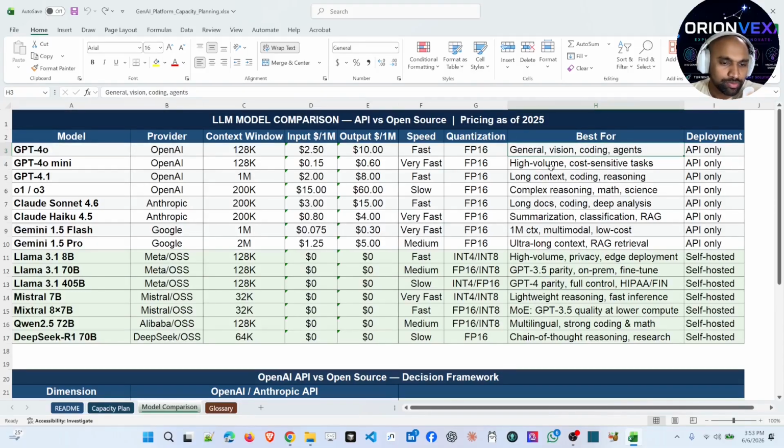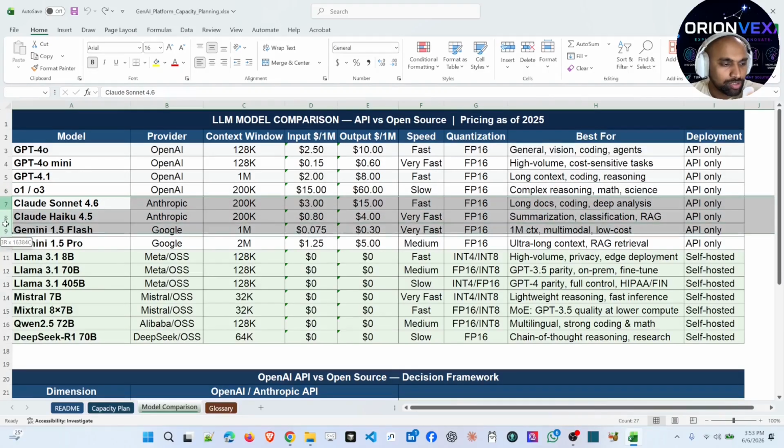The mini, we can use for high volume, cost-sensitive tasks. Then GPT-4.1 we can use for long context, coding, and reasoning, and that is a little bit costly. O1 or O3 we can use for complex reasoning, math and science.